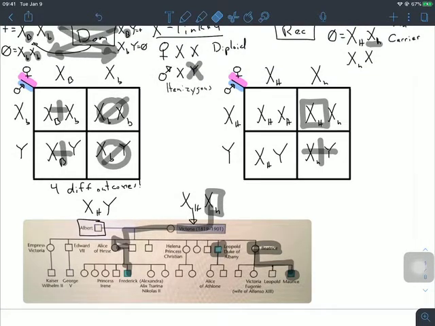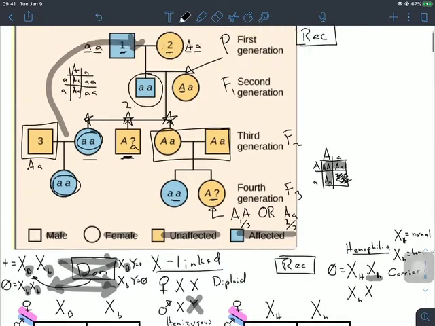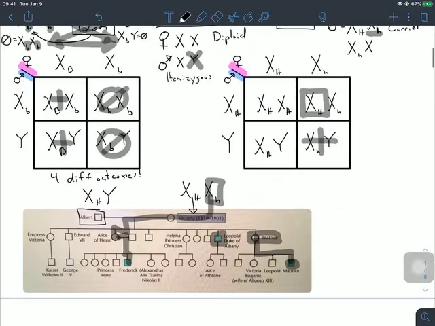And so that covers our first of several different types of inheritance patterns, both looking at them from a pedigree standpoint, as well as individual Punnett squares, looking at dominance and recessive inheritance on the X chromosome.